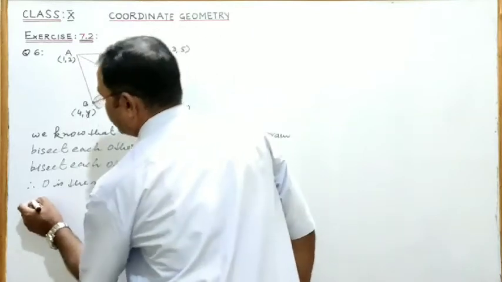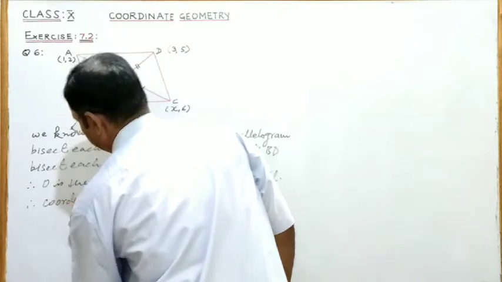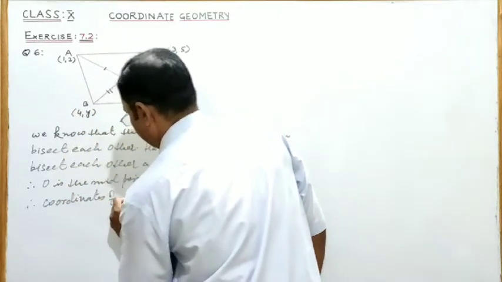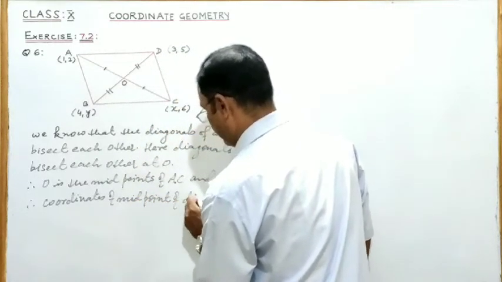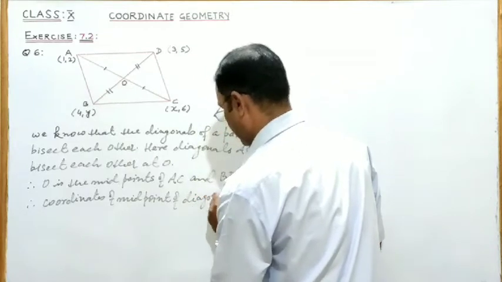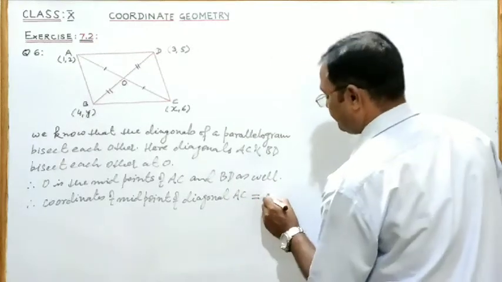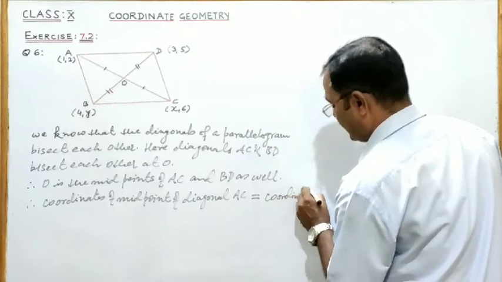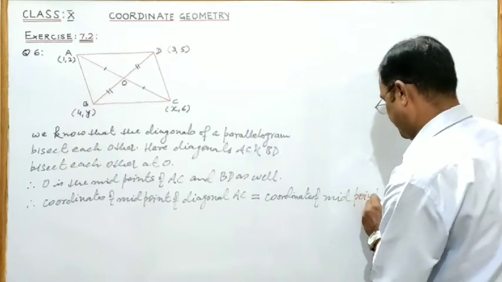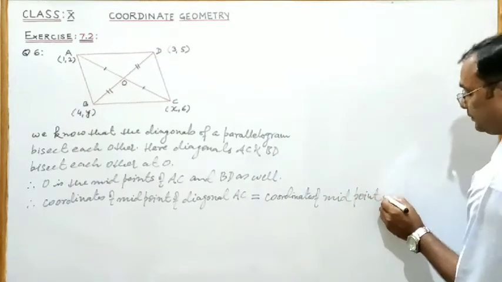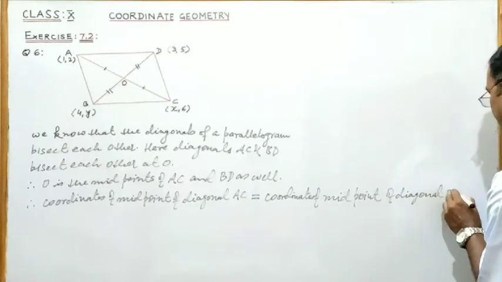Therefore, coordinates of midpoint of diagonal AC is equal to coordinates of midpoint of diagonal BD.